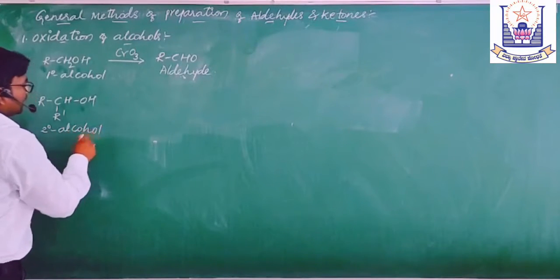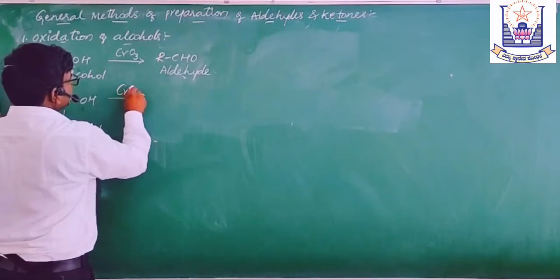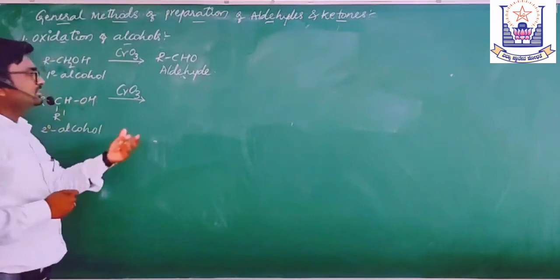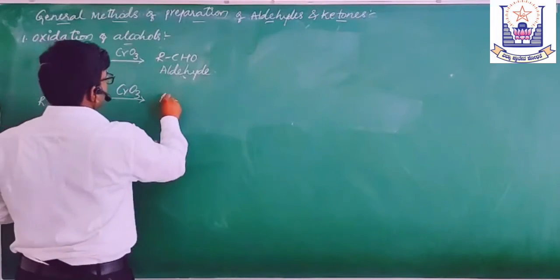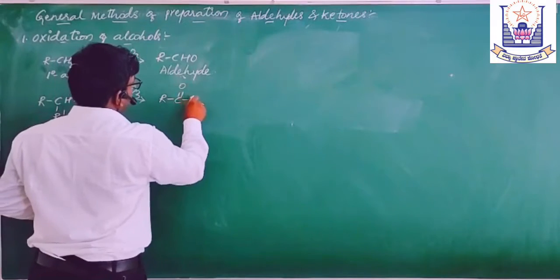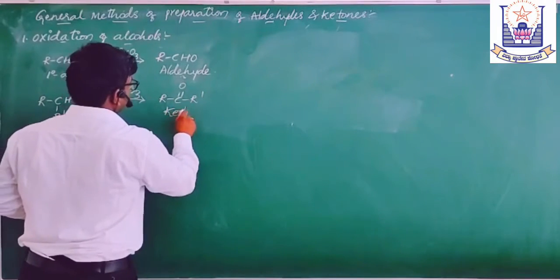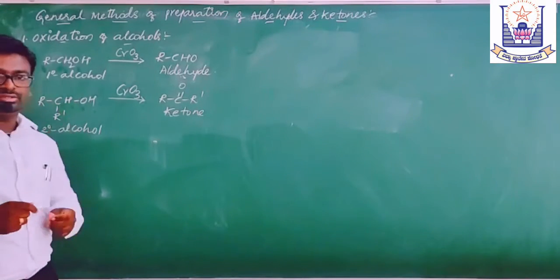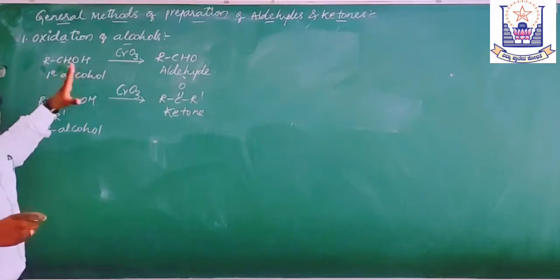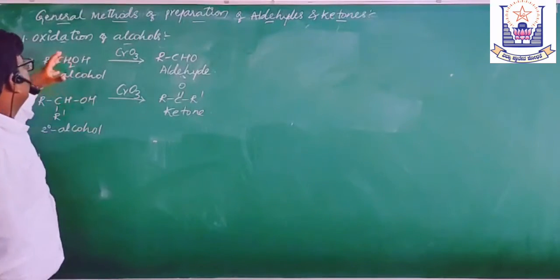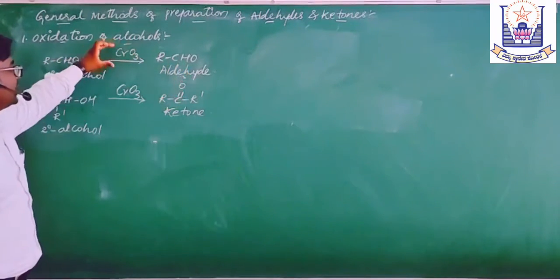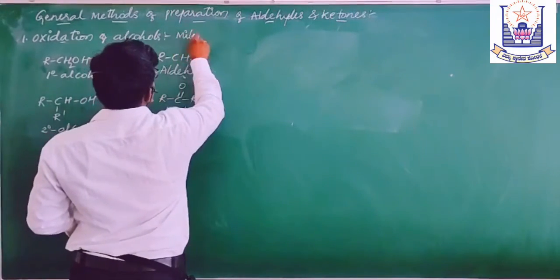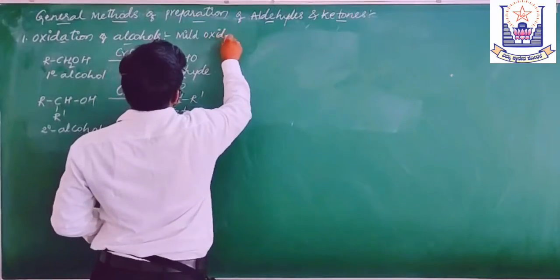When it is treated with oxidizing agents like CrO3, it will be oxidized to the ketone, that is R C double bond O R dash. This is the ketone; hydrogens are removed from the structure. You need to remember that CrO3 is a mild oxidizing agent.